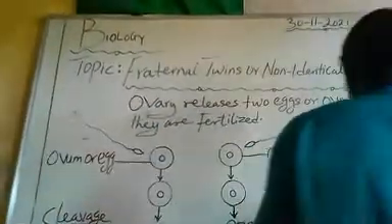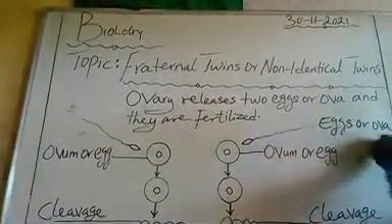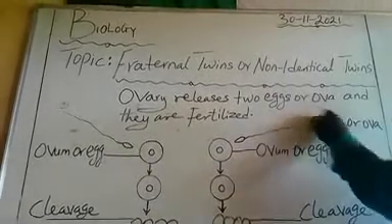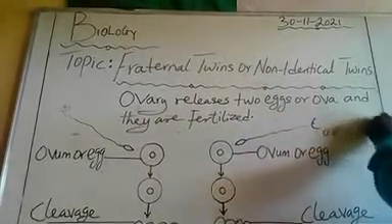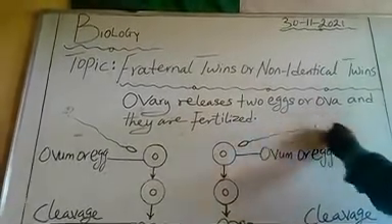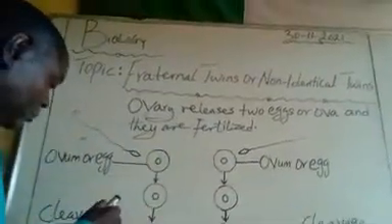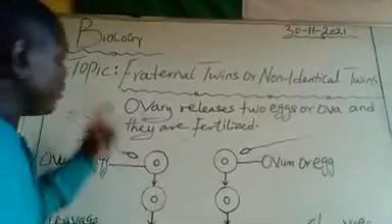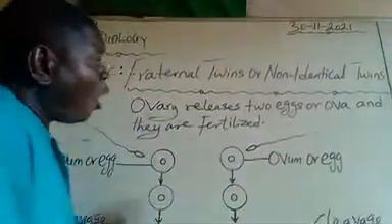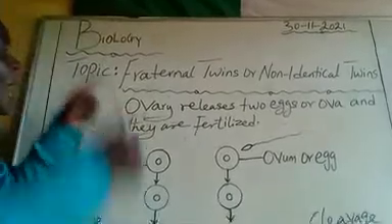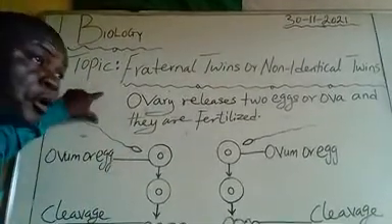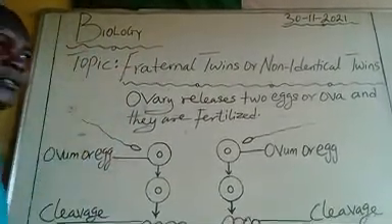All right. The ovary releases 2 eggs or ova, and they are fertilized in the case of fraternal twins.